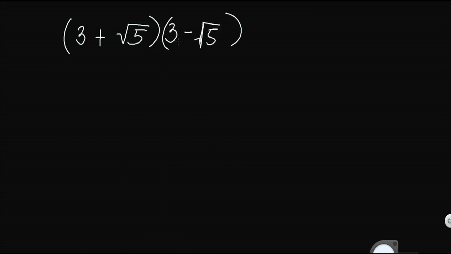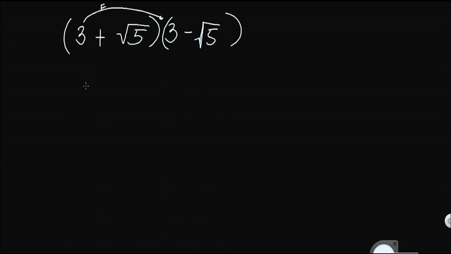Sometimes you might get the problem that you need to multiply. Okay, in this case, I'll give you this problem. So we have 3 plus square root of 5 times 3 minus square root of 5. Okay, ang gagawin lang natin dyan, ipo-foil natin yung given expression. So 3 times 3 for the first term.